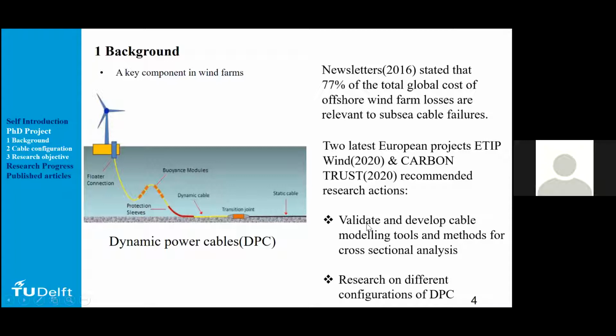One is to validate and develop cable modeling tools and methods for cross-sectional analysis. The other is research on different configurations of dynamic power cables. Because as we all know, the cable is project-based or case-based, and it is customized based on different projects. It has different configurations. So it would be a big contribution to have a modeling tool to help facilitate the modeling process.